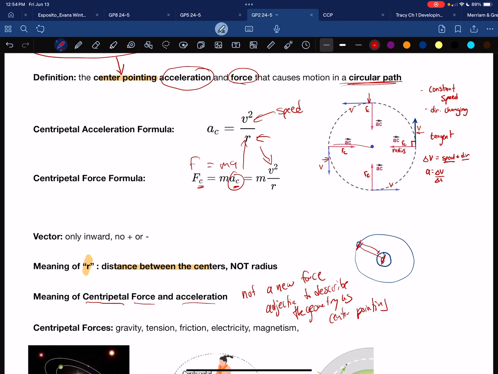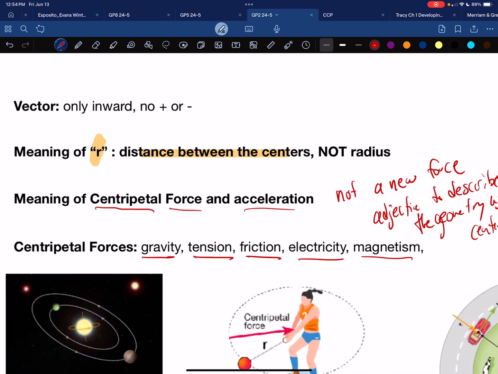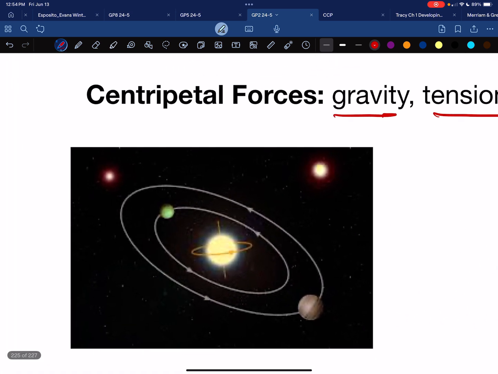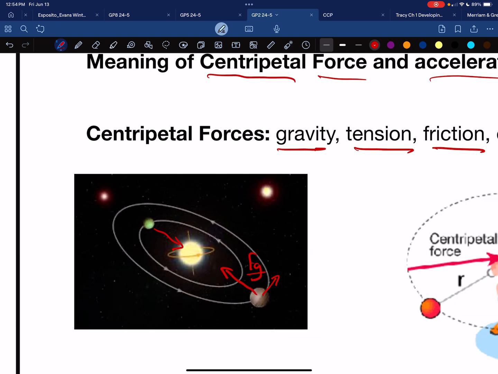So centripetal forces could be gravity, could be tension, could be friction, could be electricity, could be magnetism, could be other things. So when we look at the case of a star and its planets, there is a center pointing force. And that center pointing force that's causing this to happen is gravity. It's acting perpendicular to that path, pulling it, that attractive force that causes it to travel in a circular orbit. So the centripetal force is the force of gravity.